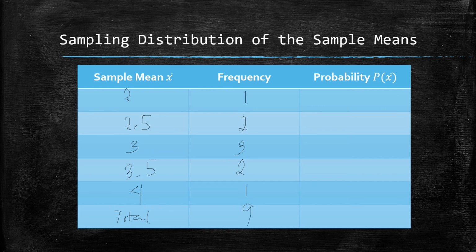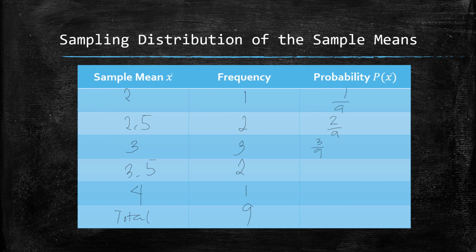Now, to get the probability, just divide the frequency of the sample mean by the total frequency. There is 1 out of 9, so that's 1 over 9. Here you have 2 over 9. Here you have 3 over 9, or you can simplify that by dividing by 3 in the numerator and denominator, because that is the greatest common divisor.